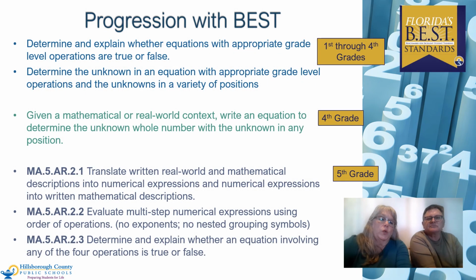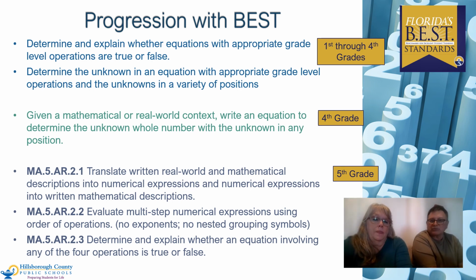Here we see the progression with BEST. You can tell that in first through fourth grade, they've done a lot of work with operations and equations. Equality, is it true, is it false? That's that comparative relational thinking. Determining unknowns, and a lot with variables.